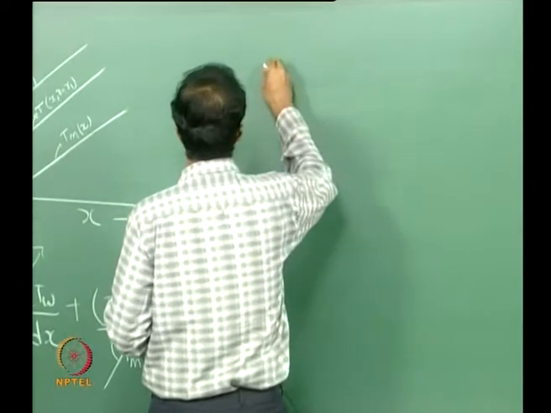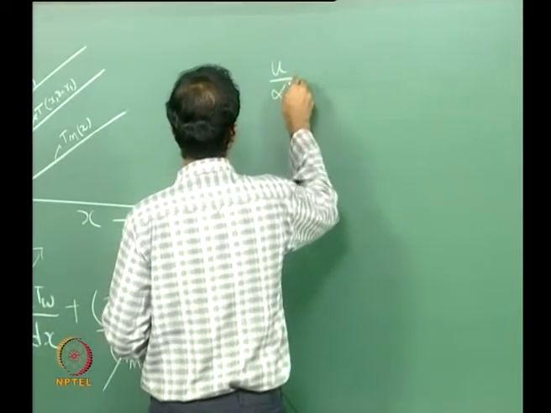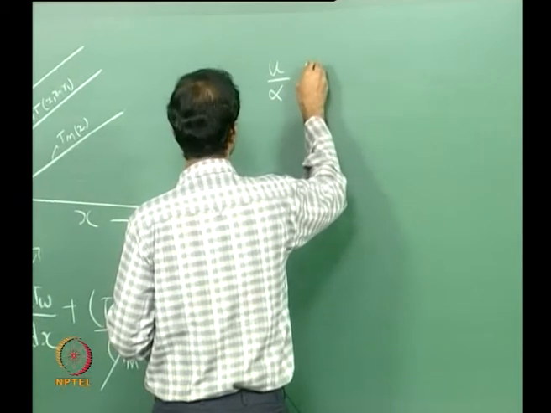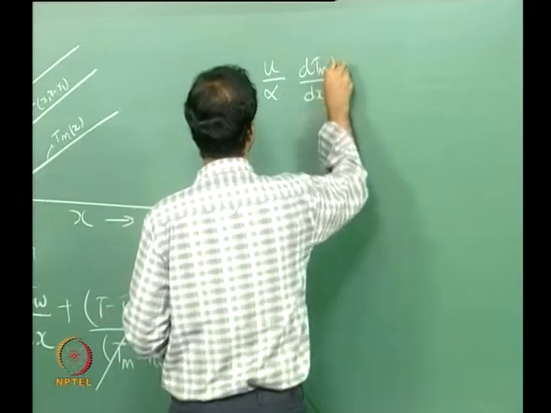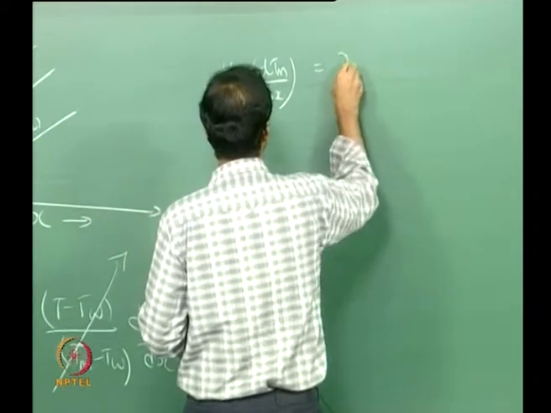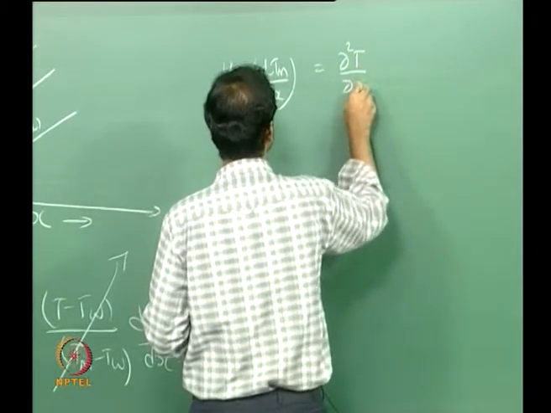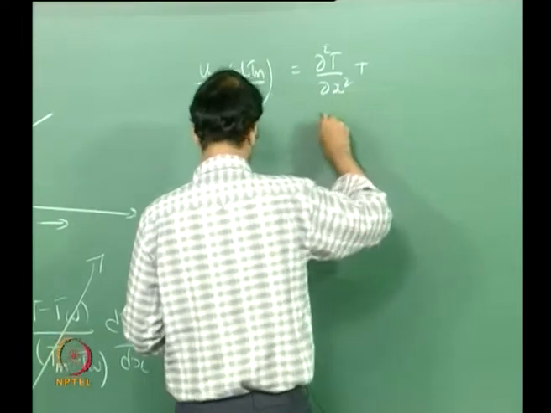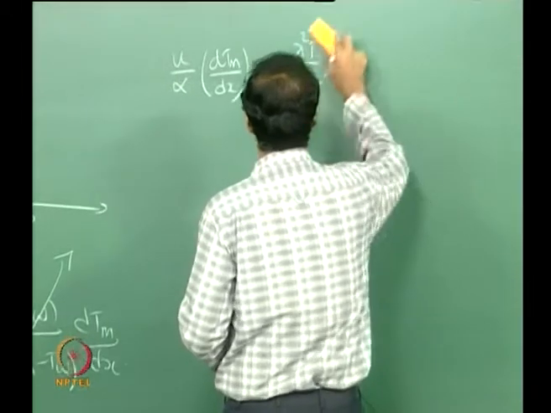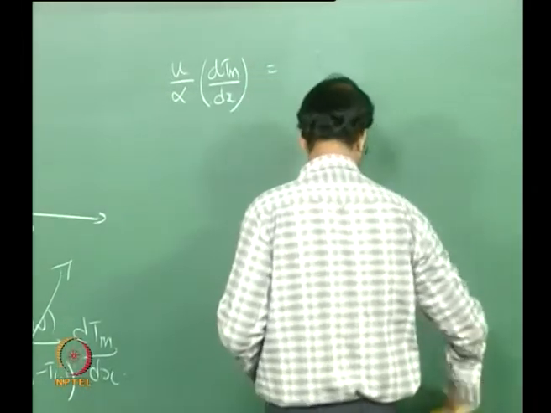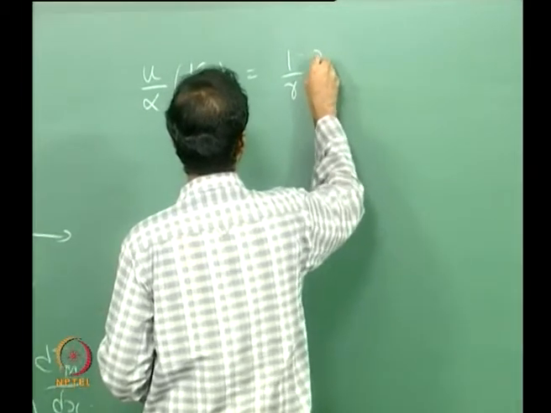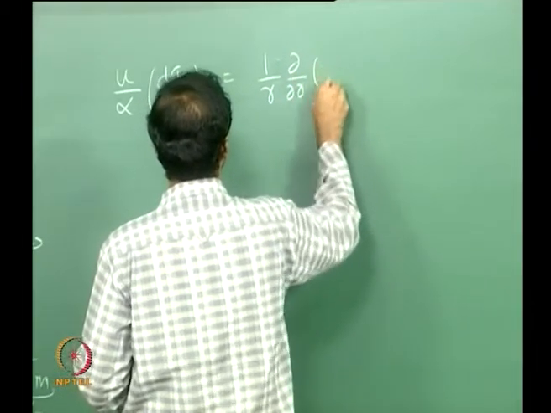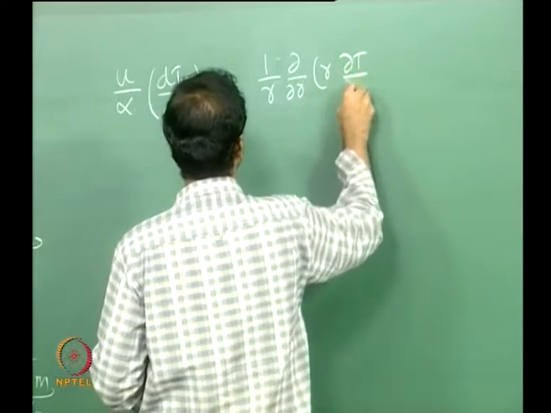So you have u by alpha times dTm by dx, which is a constant, equal to the radial conduction term, (1 by r) d by dr of (r dT by dr). We have neglected the axial conduction in comparison to the magnitude of the radial conduction, so we retain only the radial conduction terms.